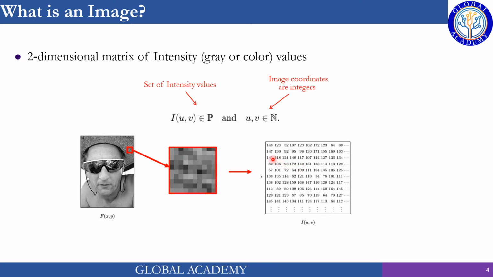So in computer memory, it is just like a 2D array, and we can represent this image mathematically as I, which is the light intensity, as a function of u comma v, where u and v are the indices of this array, and u and v are natural numbers or integers.